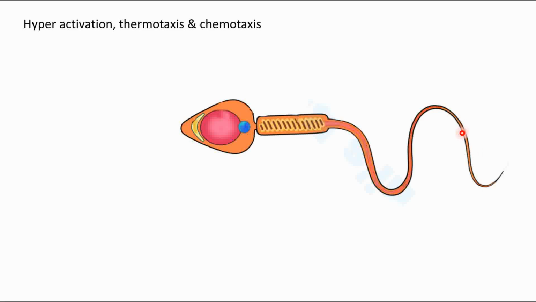Because of the opening of those channels, the flagellum in the sperm's tail, which was beating asynchronously before that, starts to beat synchronously. And it becomes hyperactive and starts to move very fast in the viscous fluid present in the reproductive tract.